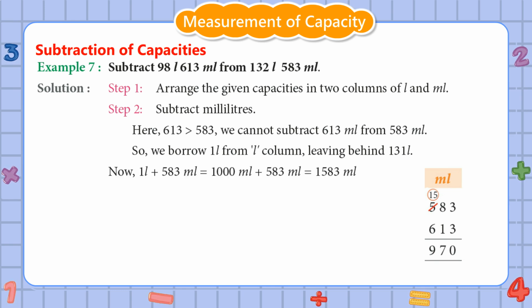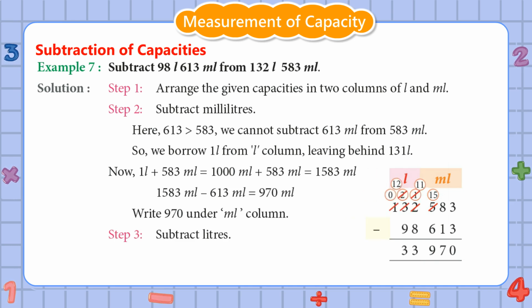Now, 1 liter plus 583 milliliters is equal to 1000 milliliters plus 583 milliliters. It is equal to 1583 milliliters. 1583 milliliters minus 613 milliliters is equal to 970 milliliters. Write 970 under milliliter column.